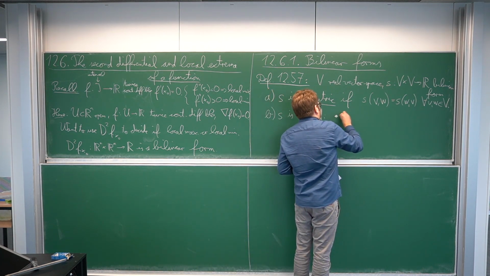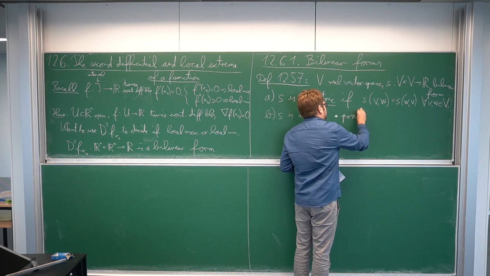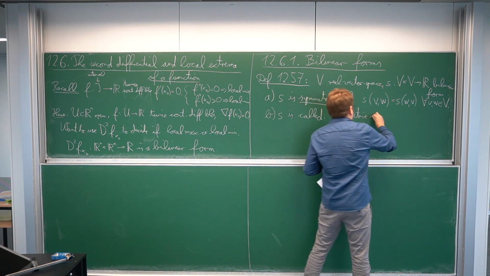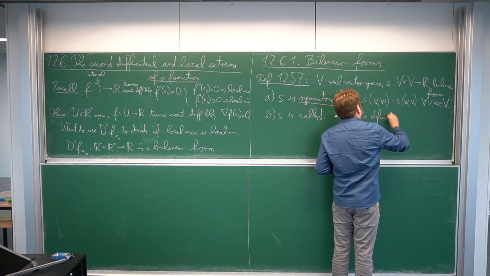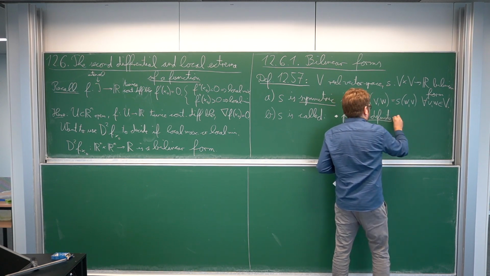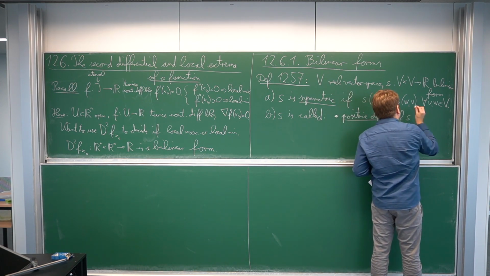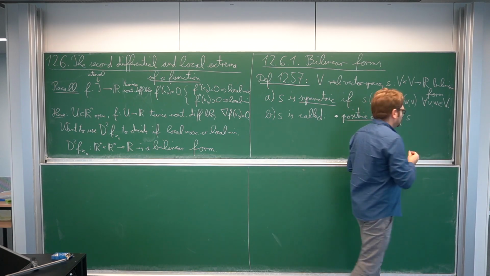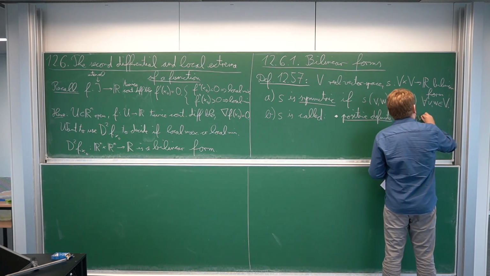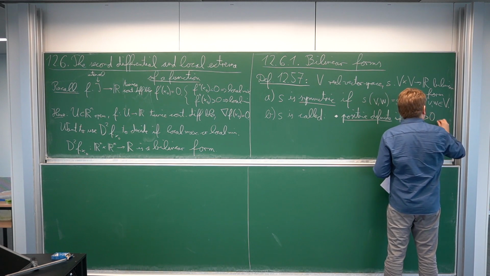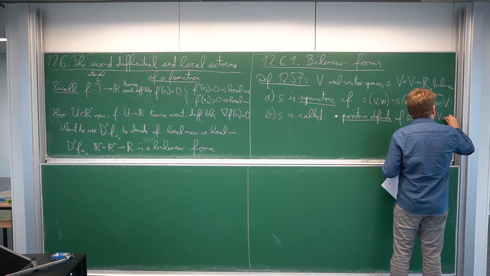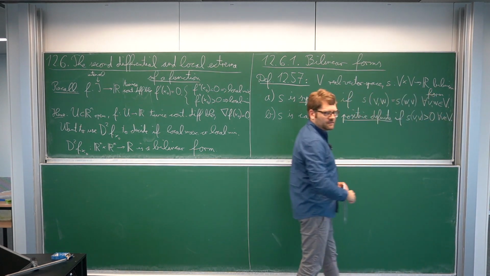Namely, we have said, first of all, S is positive definite, and this is also something I used when I discussed inner products. If the following holds, and now this is kind of modeling the third property of inner products, S of V comma V is positive for all V in V. This is what we've seen.